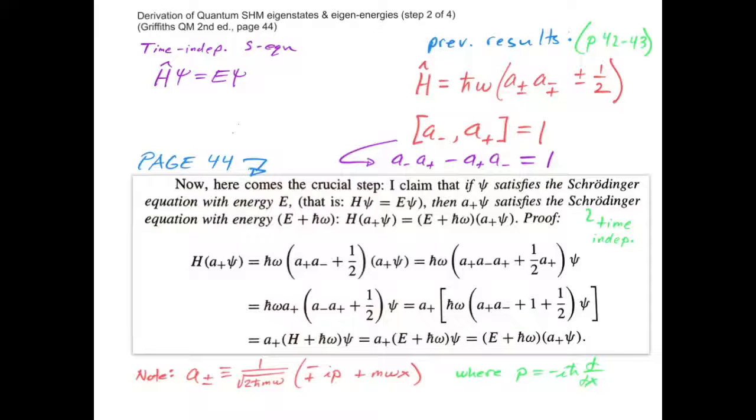The 1/2 is the same. There's nothing magical that's happened there. We've just used this commutator relationship to substitute A minus A plus with A plus A minus plus 1. If you solved this equation for A minus A plus, you'd get 1 plus A plus A minus. That's just that right here. So this is the same as that. It's just a slick substitution.